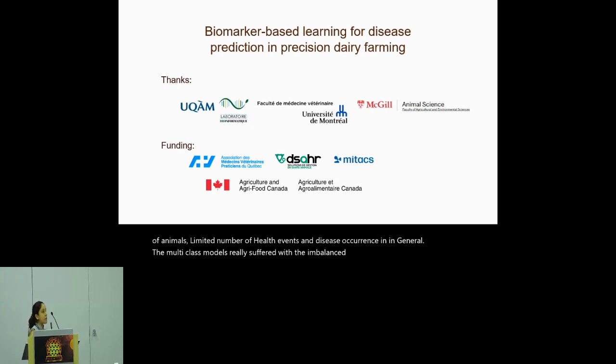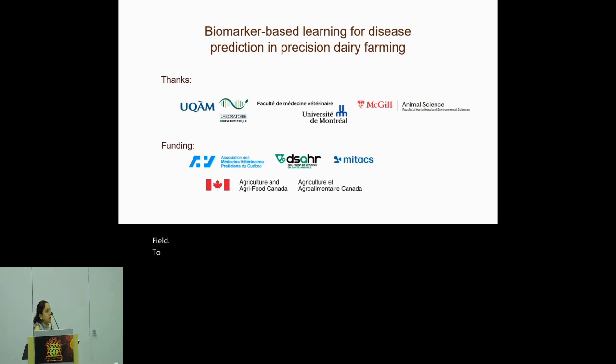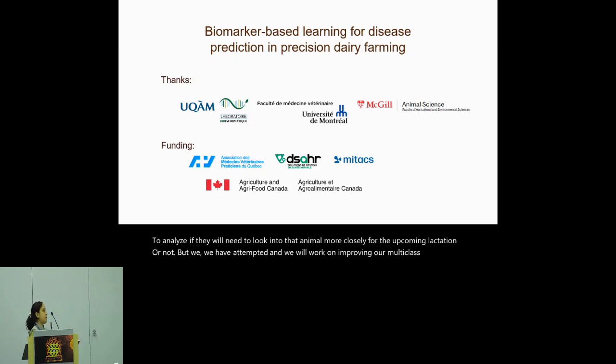So for the pilot models, we're treating it as a binary design, because the idea of the first pilot models is to just give some support to the veterinarians in the field to analyze if they will need to look into that animal more closely for the upcoming lactation or not. But we have attempted, and we will work on improving our multi-class classification for the disease specifically.